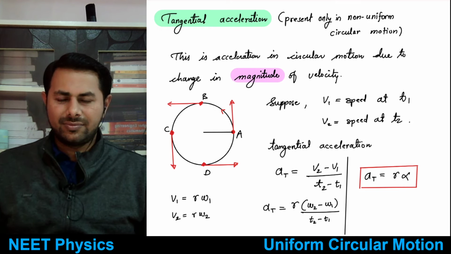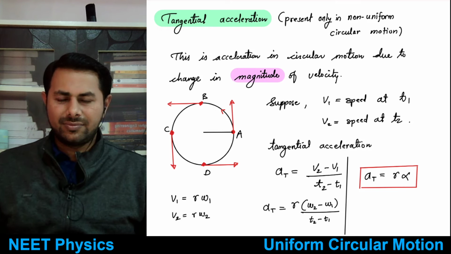Now we know what delta theta is. It is equal to the length of the arc divided by radius. This is just a definition. For a very small angle, the arc length is almost equal to the displacement.